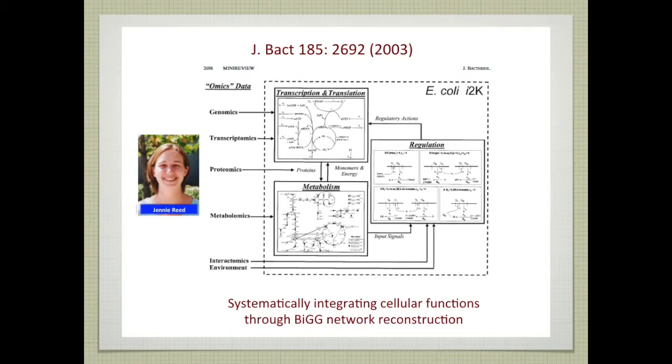And what's also shown in this diagram to the left is the fact that if such a reconstruction could take place, it becomes a container, or a context, into which you can map the omics data types simultaneously.